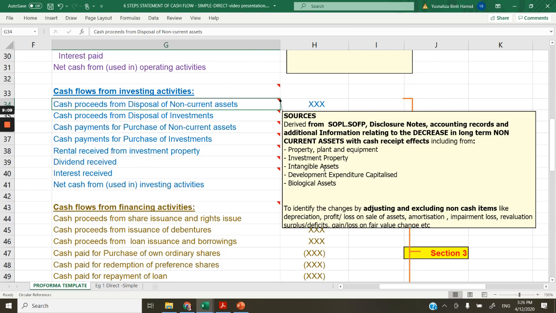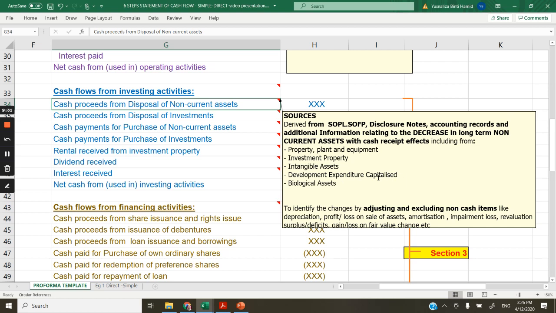Yes, it will be included, but here we are not talking about what you acquired, what you dispose, right? So the disposal should be put separately from the acquisition. So we're now talking about what caused the decrease in the non-current asset for intangible asset.